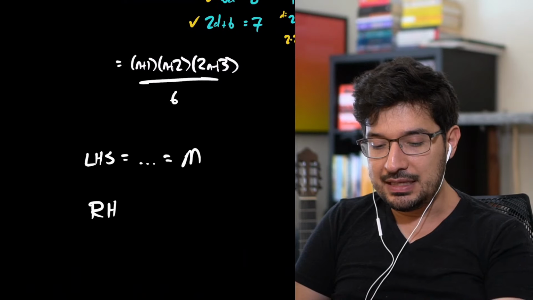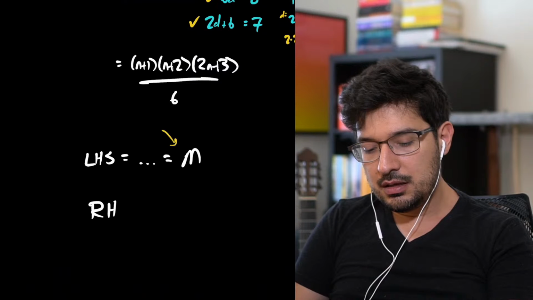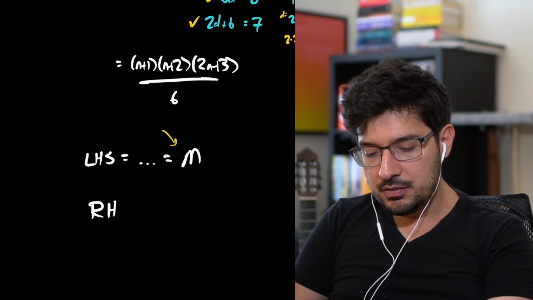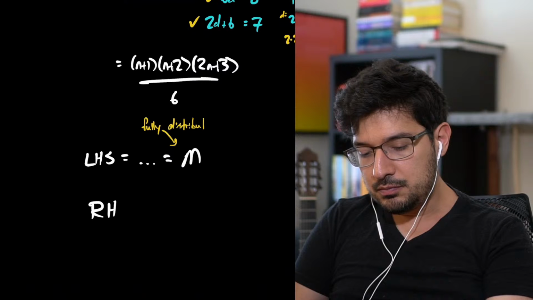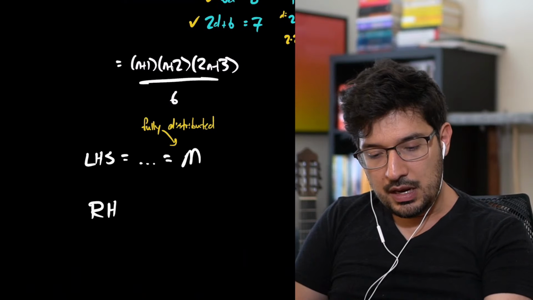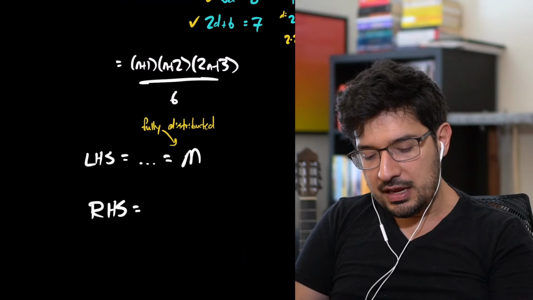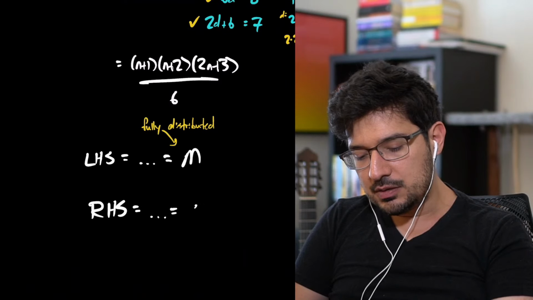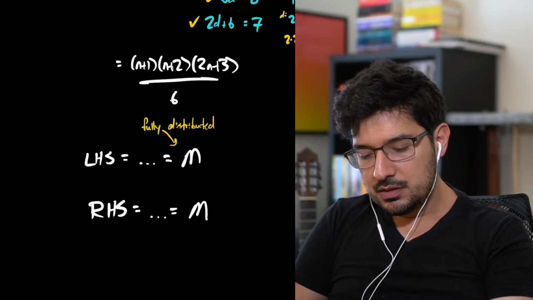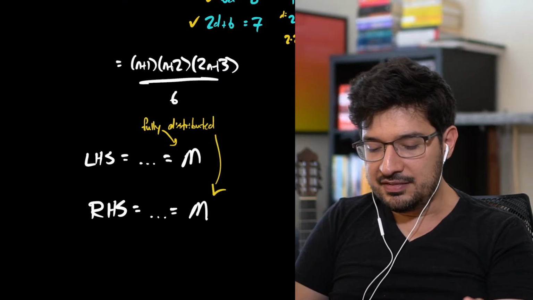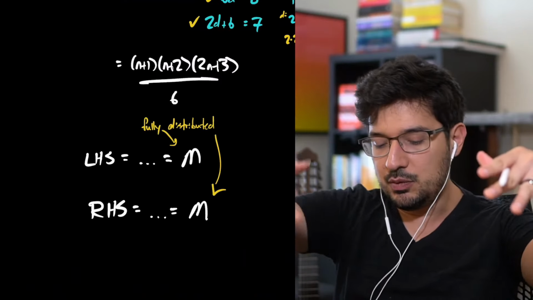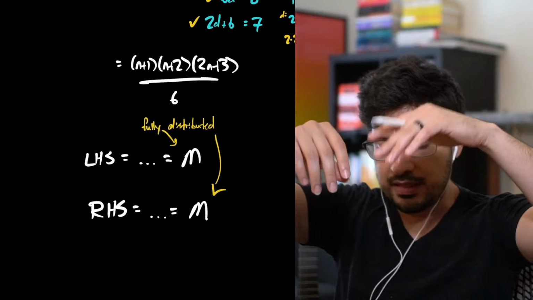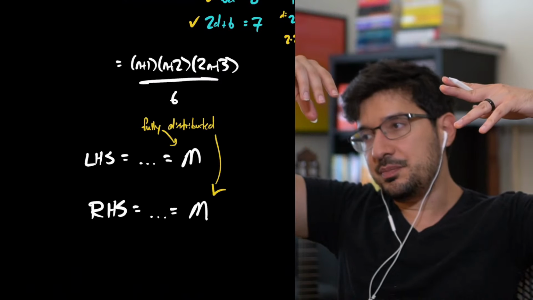You could have completely distributed, and then take the right-hand side and expand it out to the same point where this is also fully distributed out, and then see that the left-hand side equals this middle term, and then the right-hand side also equals the middle term.